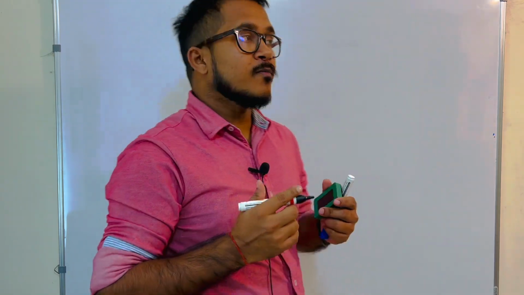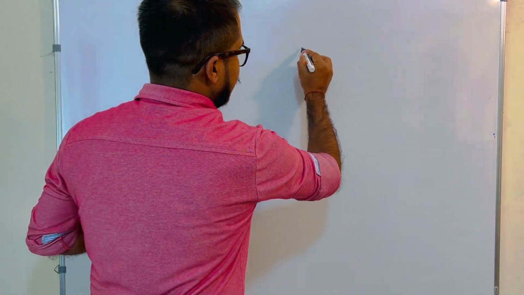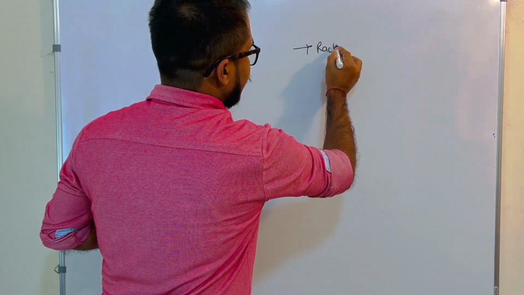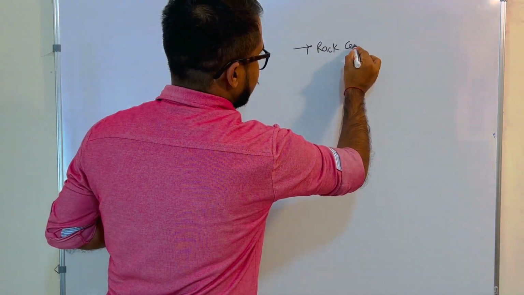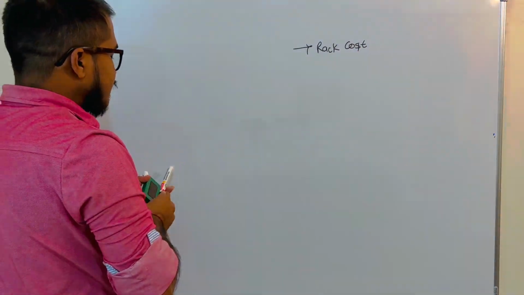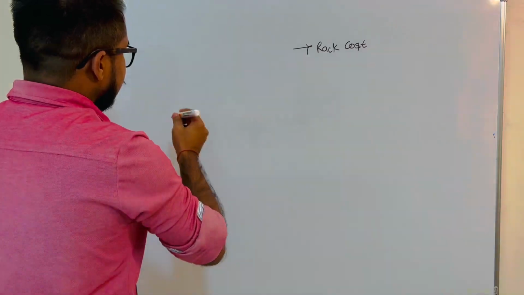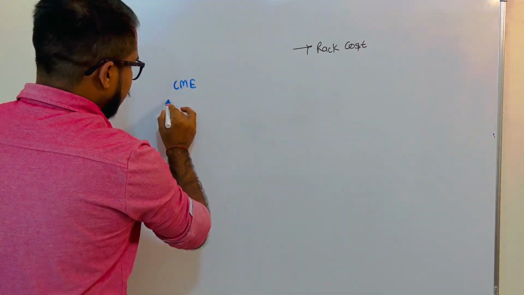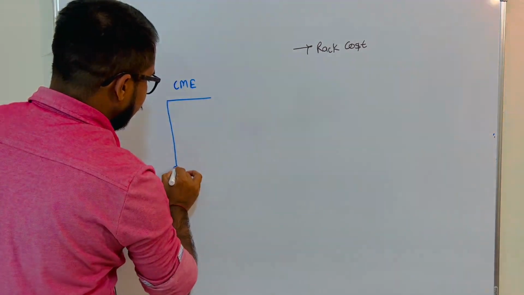First one is rack cost. What is rack? We will try to understand that. So let's say this is your CME server and this resides in this particular building.